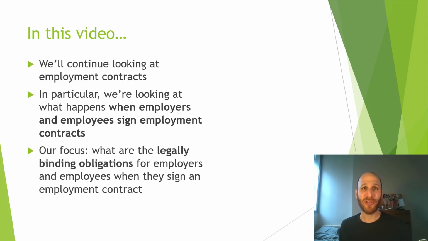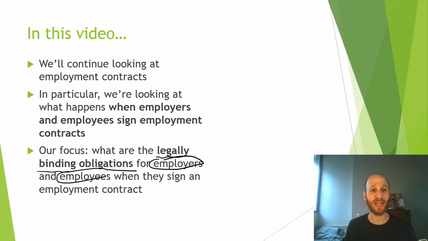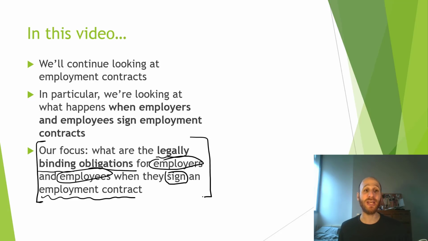Our focus for this video is what are the legally binding obligations for employers and employees when they sign an employment contract. So if we're thinking about, okay, what do I need to focus on from the video? It is what are the legally binding obligations when two parties sign an employment contract?